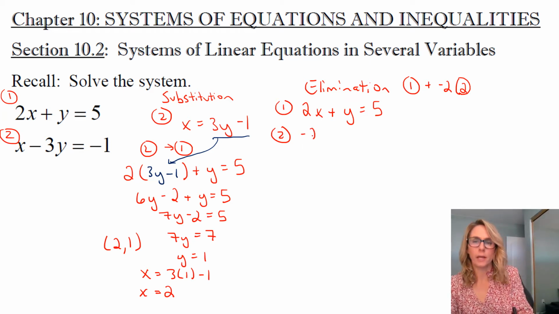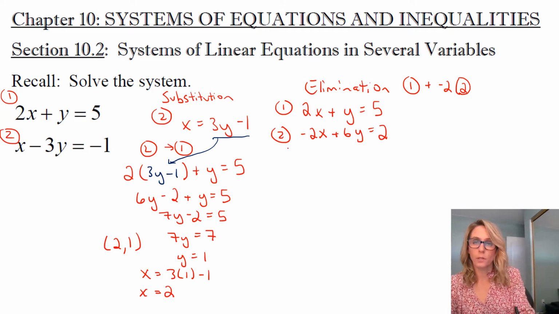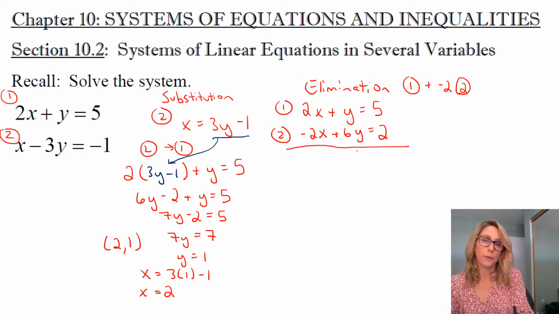So I'll have negative 2x plus 6y equals 2. Each of those pieces got multiplied by negative 2. Now I'm going to add the two equations together. Notice that eliminates the x, and it gives me 7y equals 7.